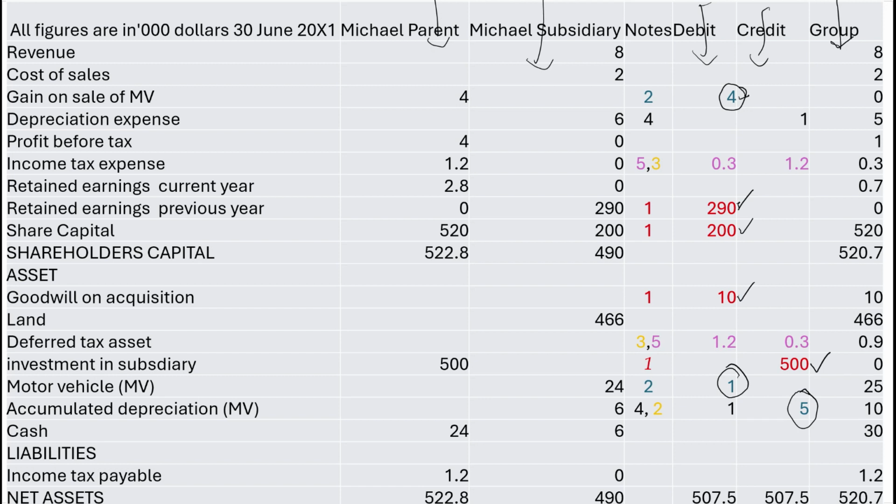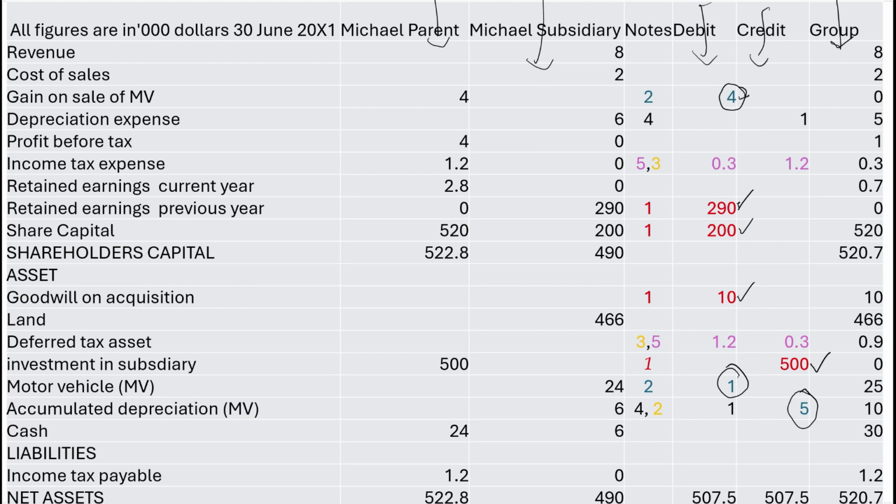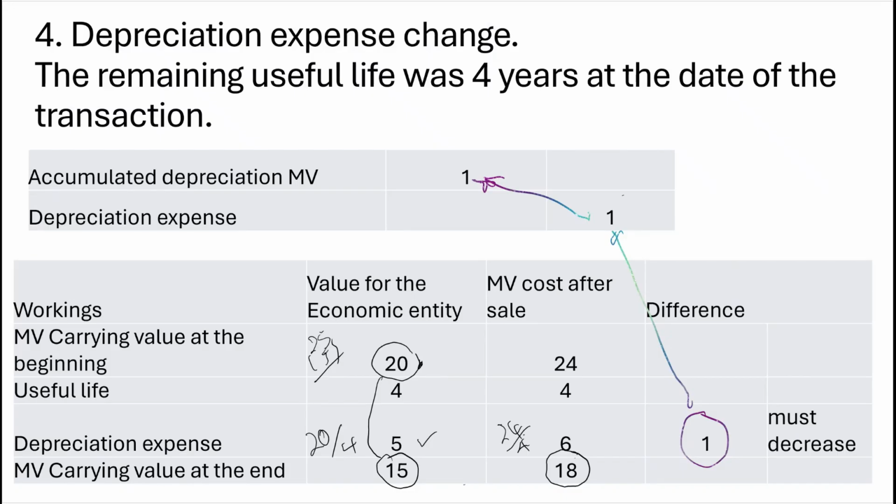Our third journal entry relates to the deferred tax asset arising, and for that we debit deferred tax asset $1,200 and we credit income tax expense $1,200.